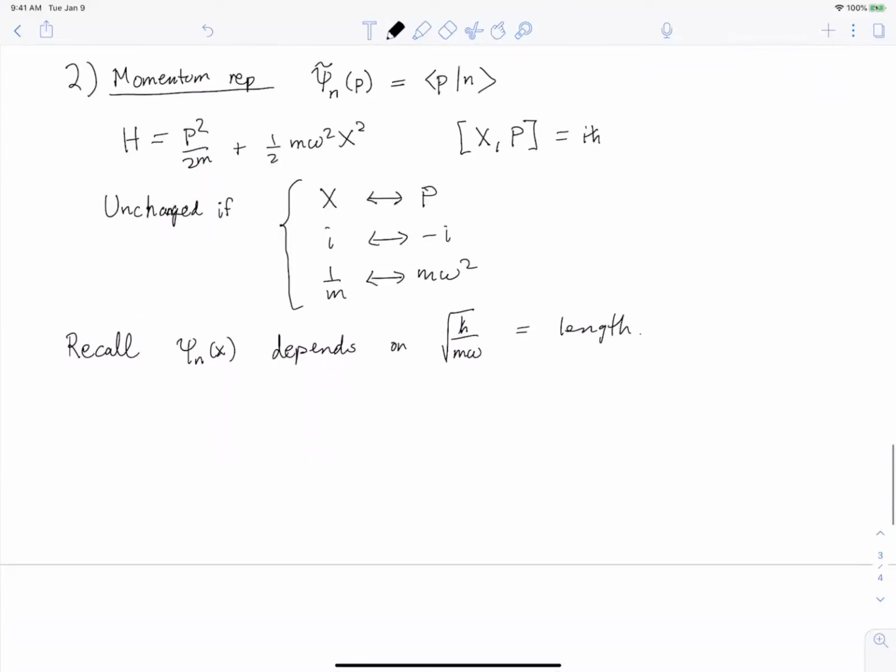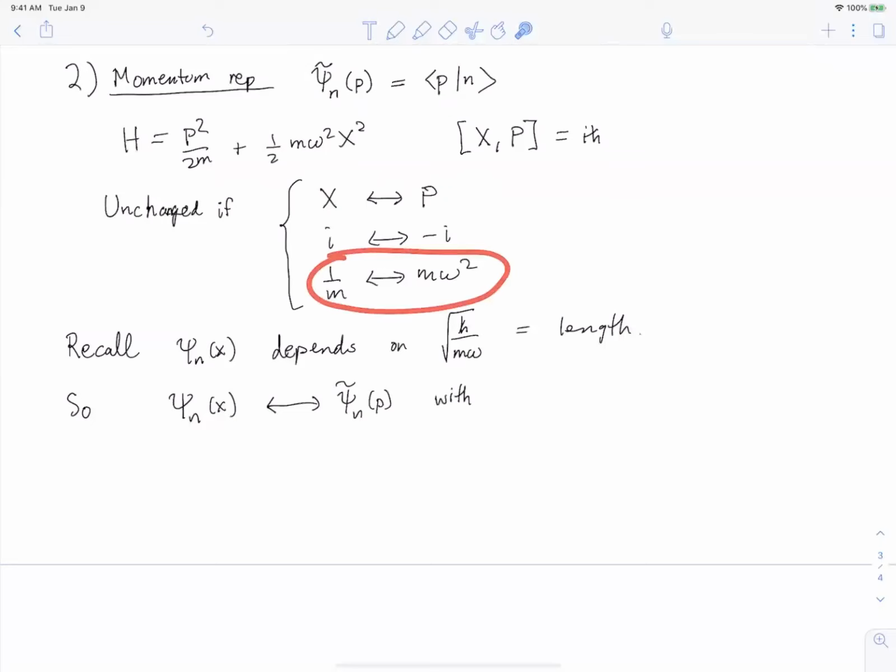Okay, and so when we write down the correspondence between position wave functions and momentum wave functions for the same ket, what are we going to do? We're going to use our rules here, especially that one, and we're going to say, okay, we should take square root of h bar over m omega and replace it by square root of h bar m omega, which is a momentum scale instead of a length scale.